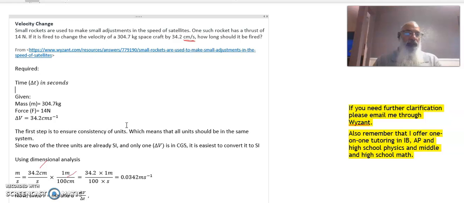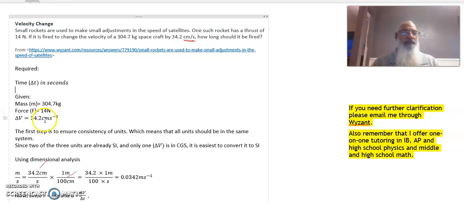So here we look at these units and we see kilograms for mass and newtons for force, and we know that both of those are SI units. Centimeters per second, however, is a CGS unit.